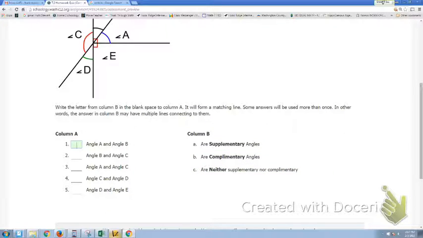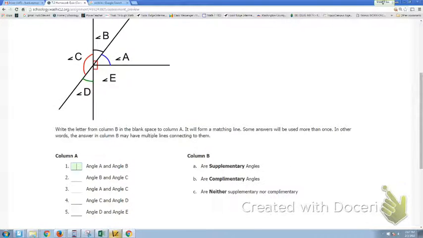Remember that if the two angles do not equal, when added together, 180 degrees or 90 degrees, then they are neither supplementary nor complementary. And the only caution I have for you is I don't want you to assume that it looks close enough.